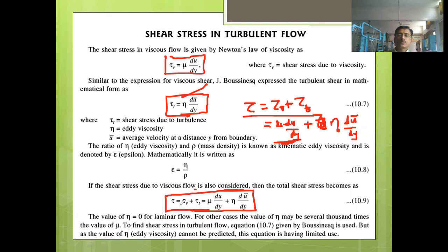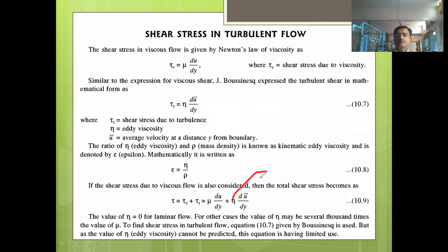This is the expression to find the total stress. If the flow is viscous flow, in that case the value of eta will be 0.